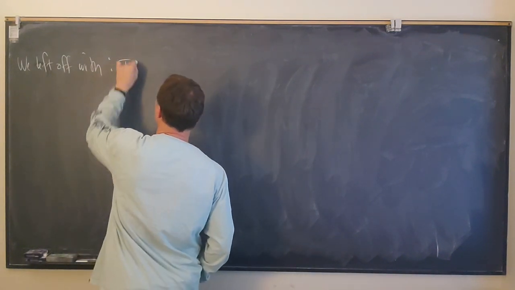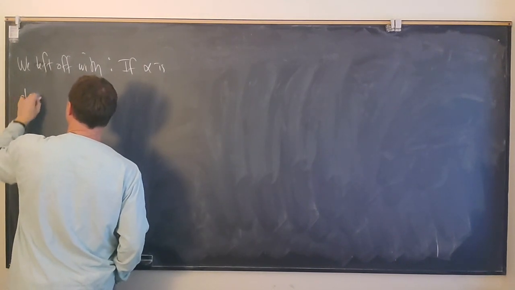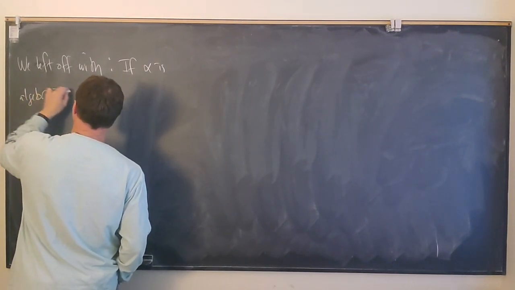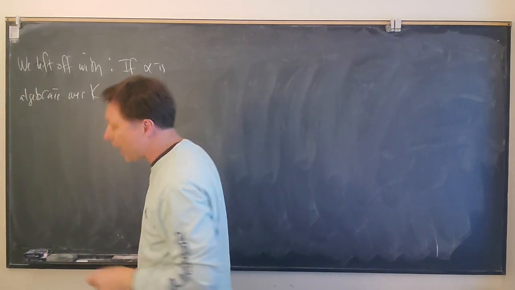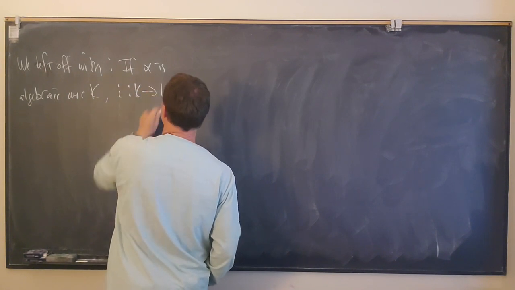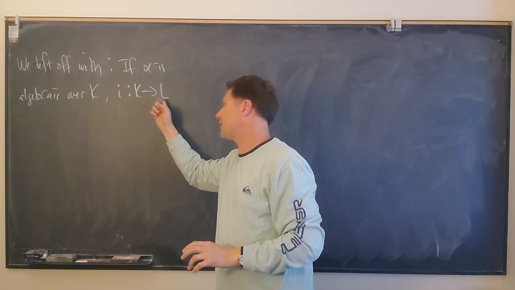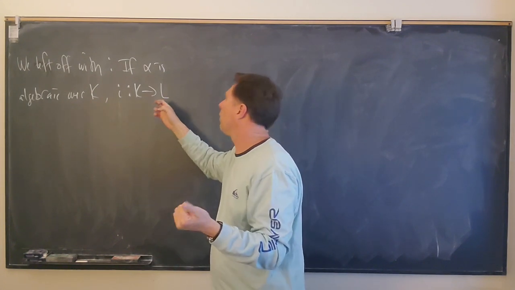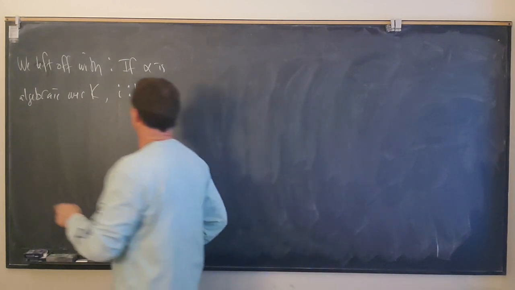So if alpha is algebraic over K, and then we need a monomorphism I from K to L. And remember, this alpha just lives in some extension of K, not necessarily L, right? Likely not L, some place that contains K, though. So this is a monomorphism.